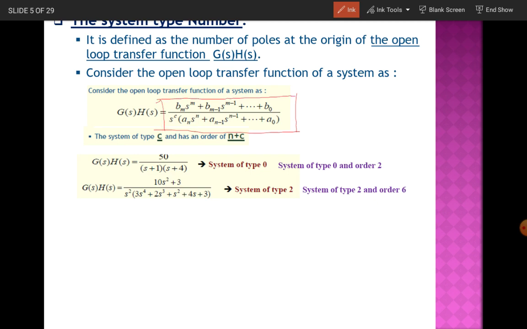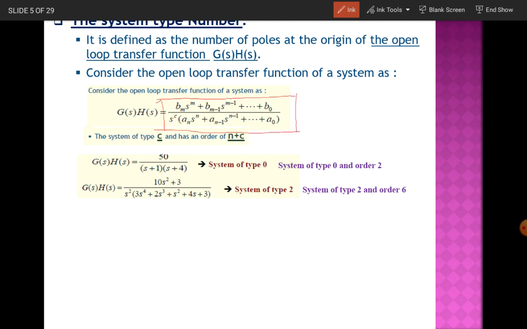In this expression, the equation has a numerator as well as a denominator. We already know the highest power of S will give the order of system, whereas in this expression you can see there is a term S power C into a polynomial equation. So here in S power C, C is the type of system.